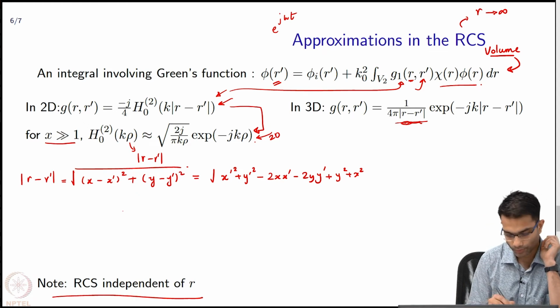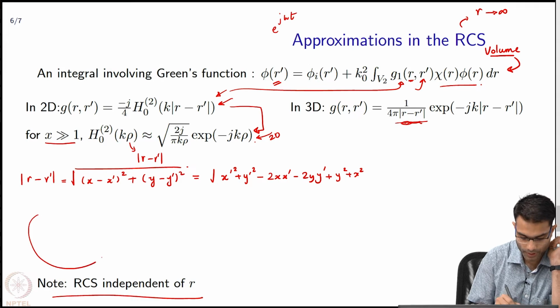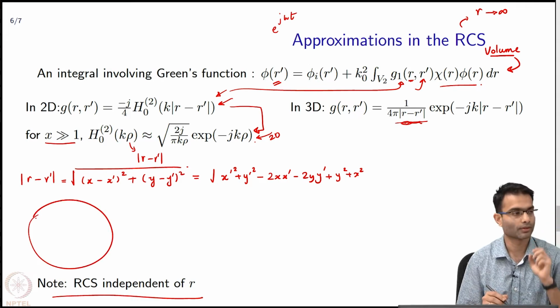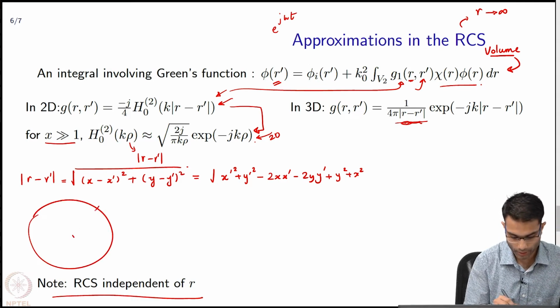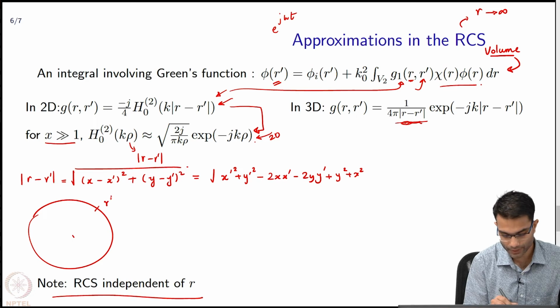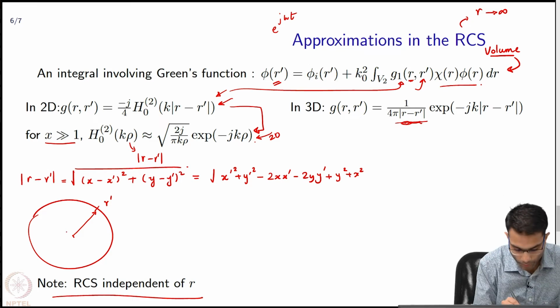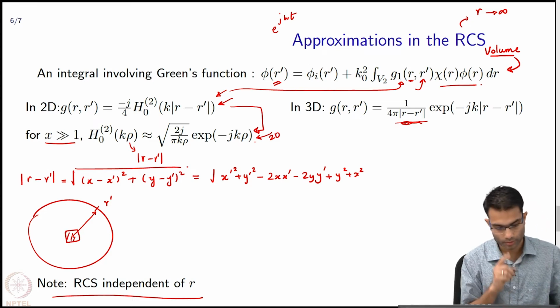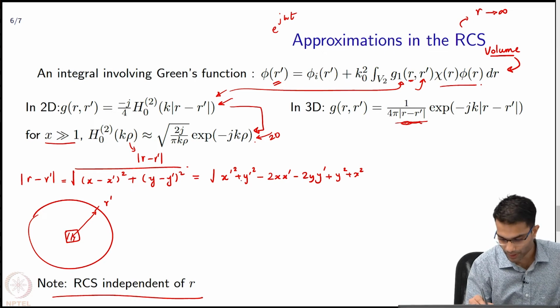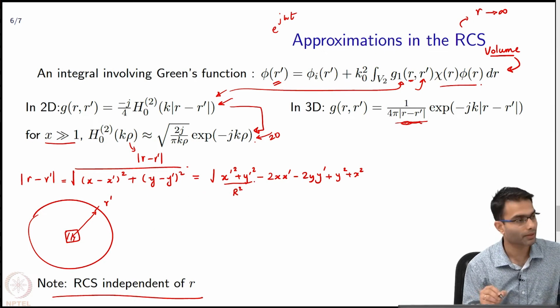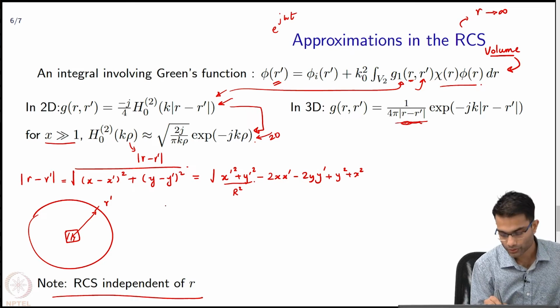And what I can assume is that since my object is somewhere over here, and my point r prime, that is where I am evaluating this, is somewhere far away, right. That was the definition of RCS, r tending to be very far from the object. Okay. So, this x prime square plus y prime square, I can take to be equal to some capital R squared, let us say. So, I can write this as R squared square root.